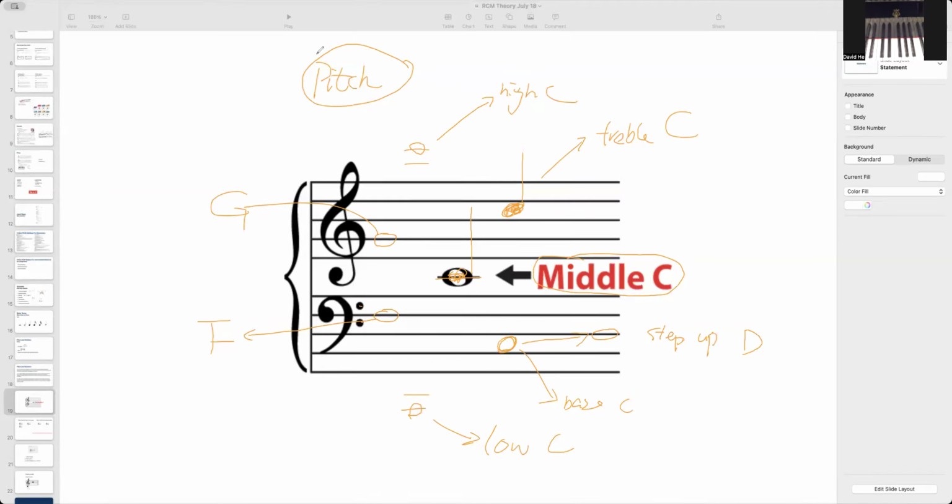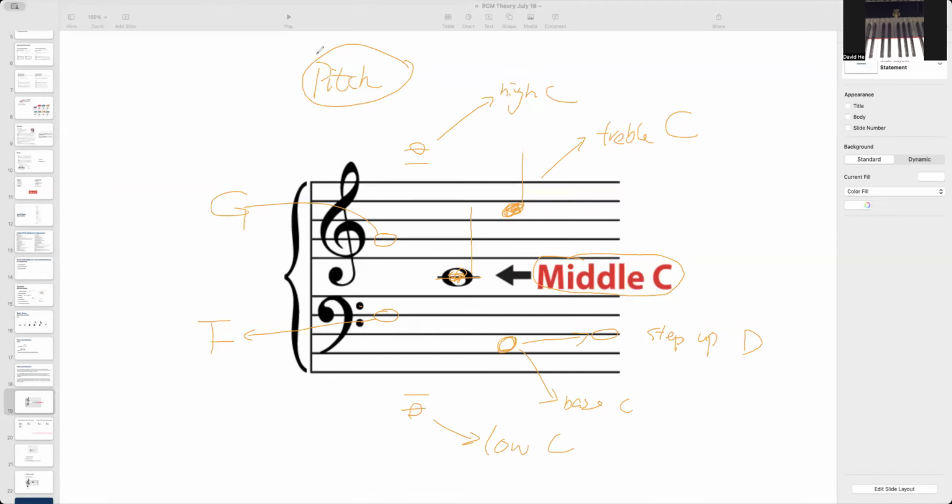For example, we know we have step and skip one. Now, we know from a space to a line or from a line to a space is called a step.